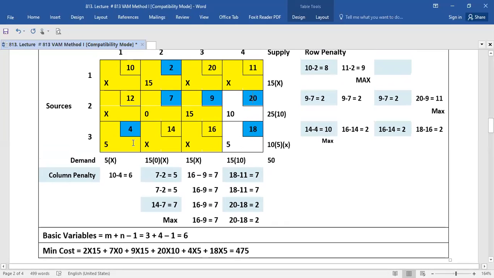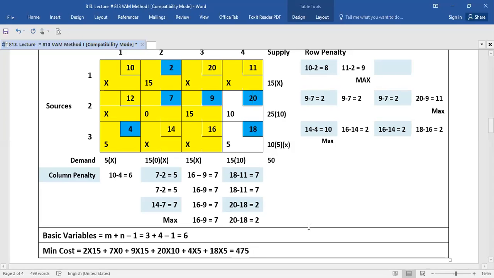For the total cost, you will multiply 2 by 15, 7 by 0, 9 by 15, 20 by 10, 4 by 5, and in the last 18 by 5. First the first row, next the second row, next the third row. In this manner, you will find the total cost, which is 475. So the method is completed.